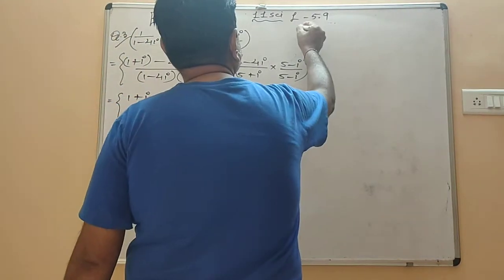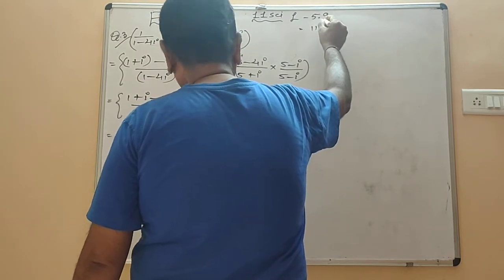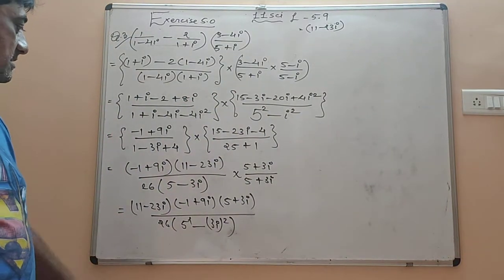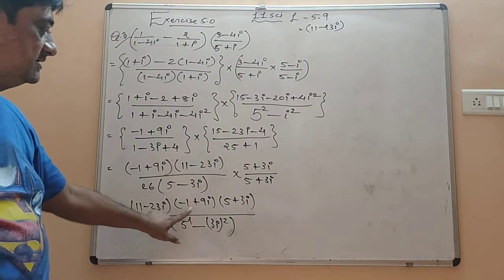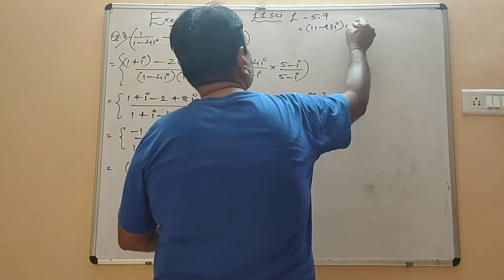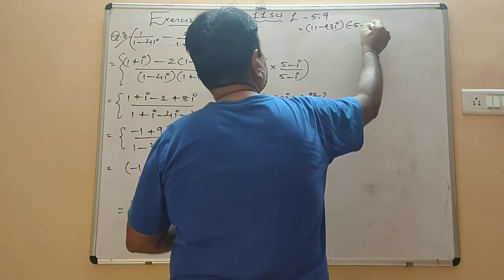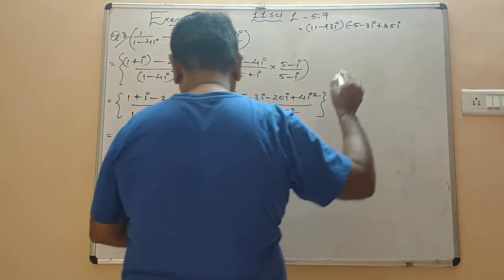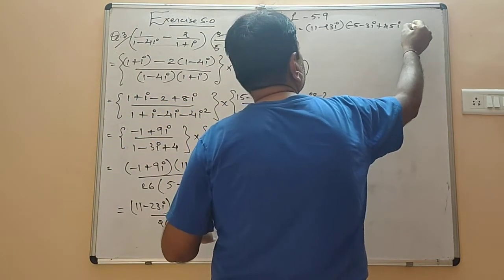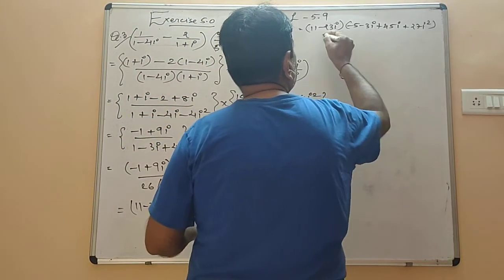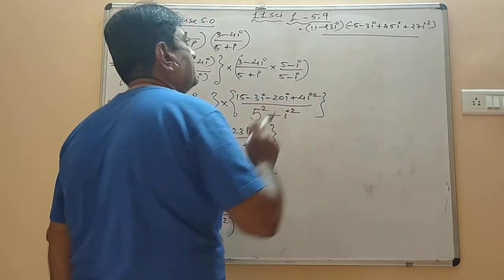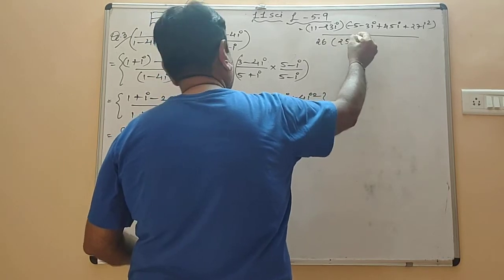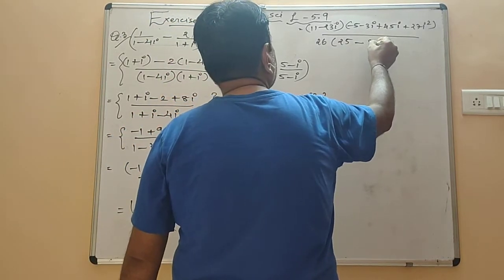Now 11 minus 23i, 11 minus 23i. अब ये ब्रैकेट ओपन करेंगे तो minus 1 into 5 is minus 5 minus 3i plus 45i plus 27i square upon 26 into 25 minus 9i square.